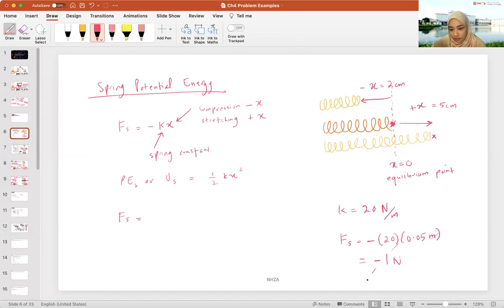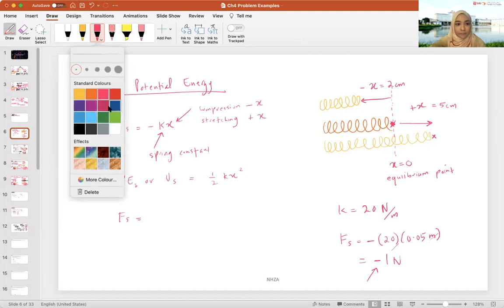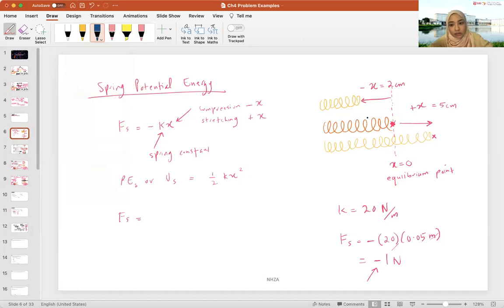So this sign immediately tells me, okay, it's a minus. Which way did I define to be my positive? So my positive was to the right. If my force that I got from this equation is a negative, it means that my Fs is this way. Oh, sorry, we are stretching, right?